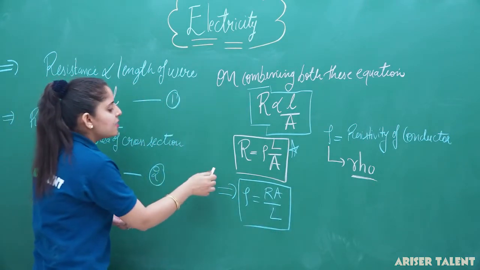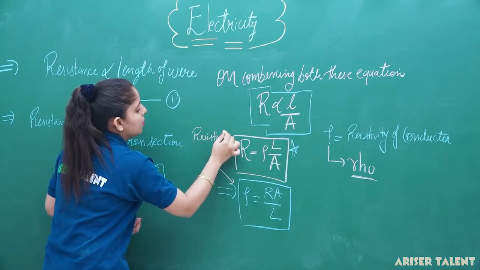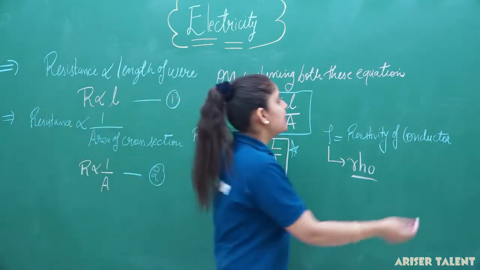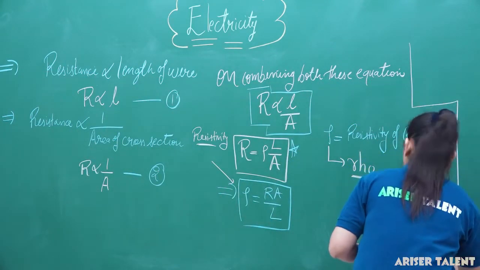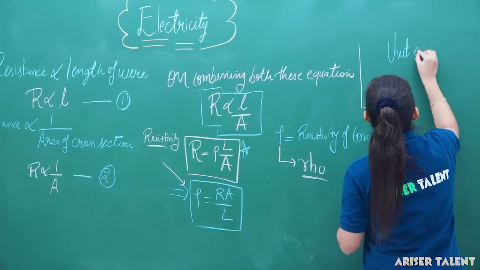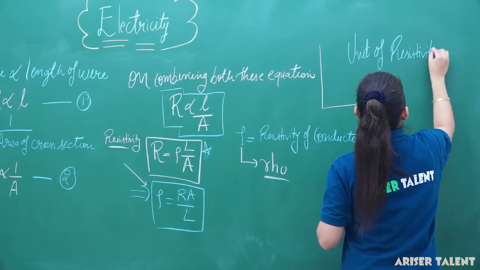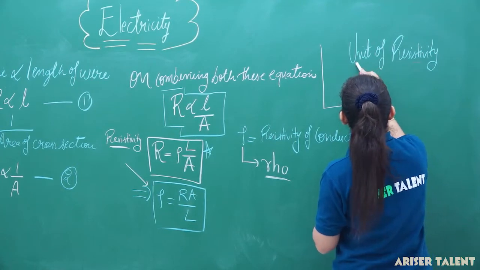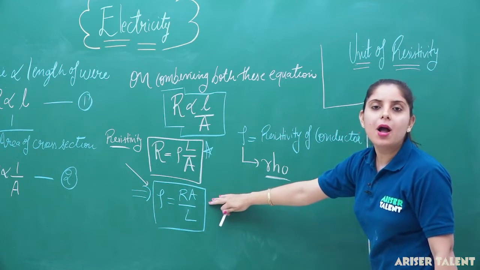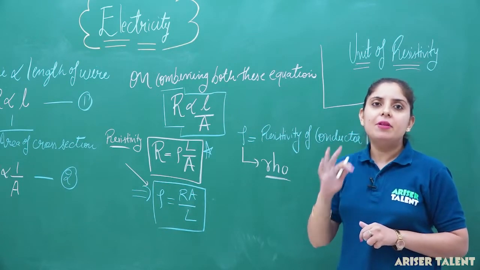Now what will be the unit of resistivity here? Let's calculate the unit. The formula we are getting is rho equal to RA by L. R is resistance, A is area of cross section, and L is the length of the conductor.